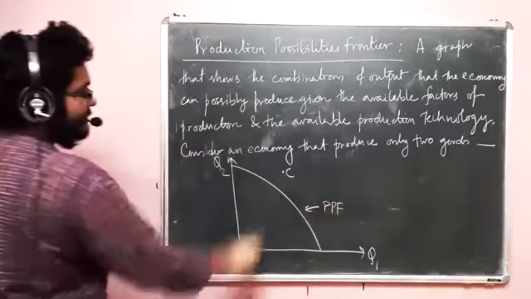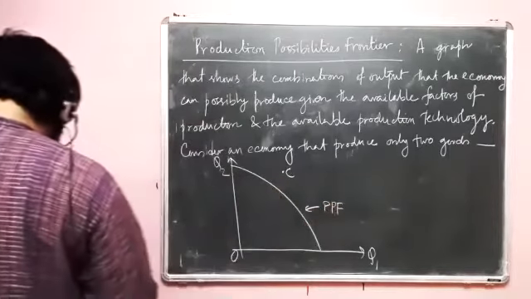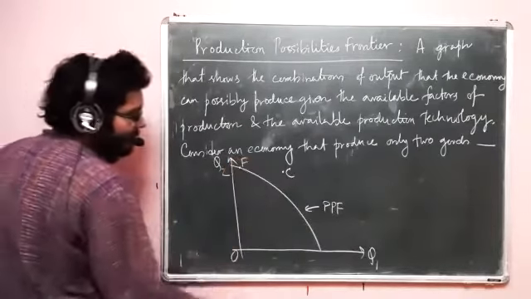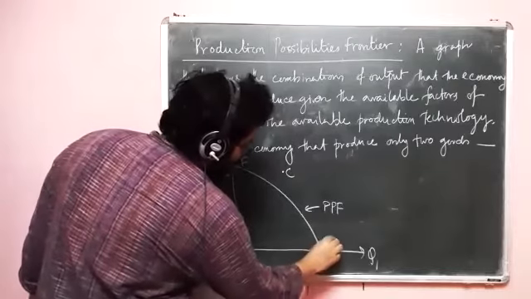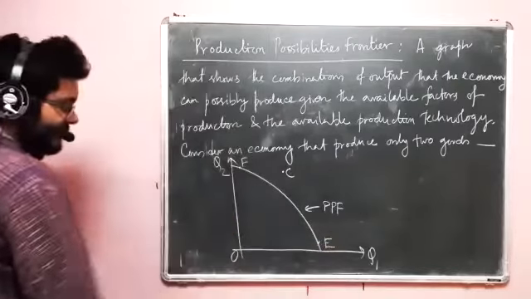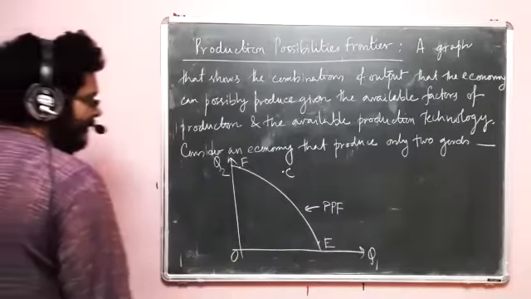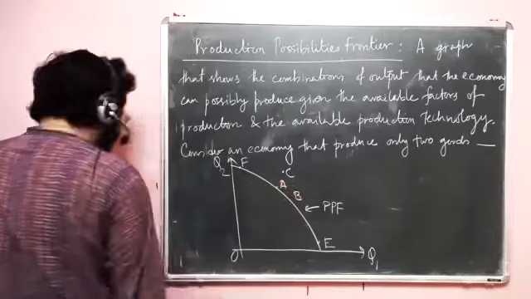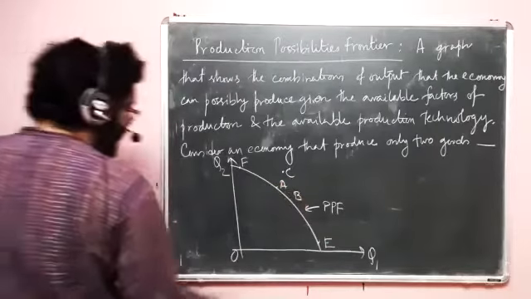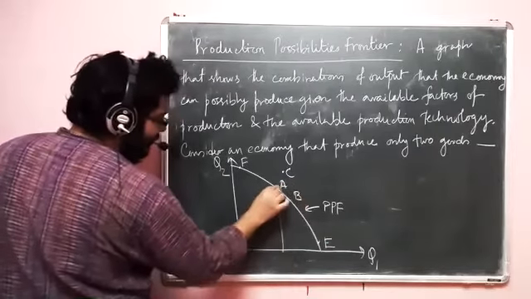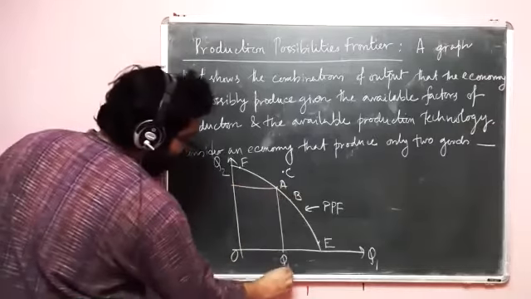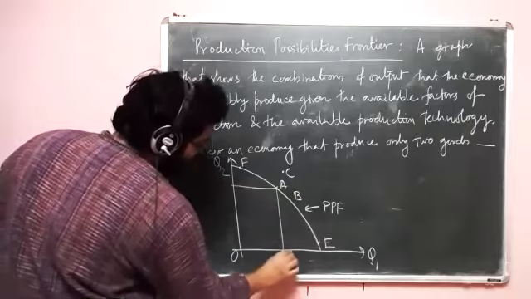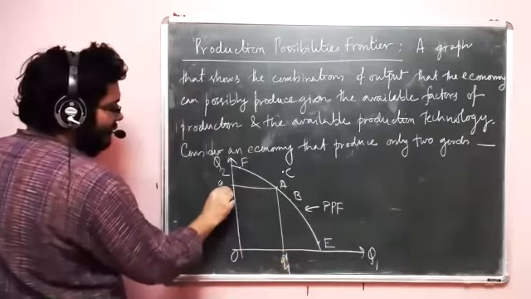So let us look at a point C which is outside the PPF. Then look at some points F and E which are sort of on the extremes. Okay. And then some points A and B which are sort of in the middle. So if we look at A, then we get Q11 and Q21.